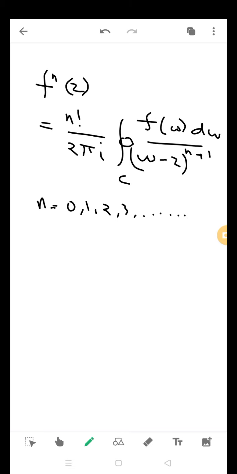Now, based upon this formula, we can actually solve some of the integral problems.